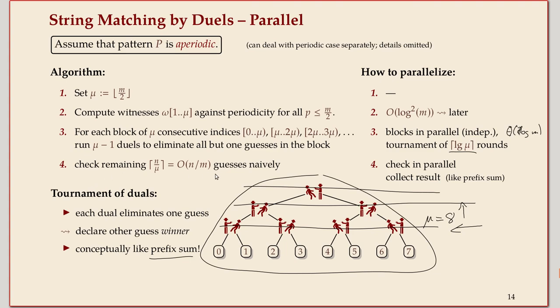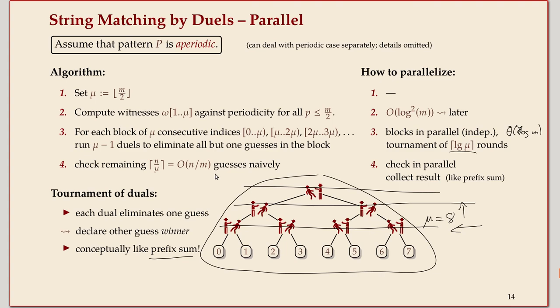So I already said we cannot afford to check a single guess sequentially. But we don't have to. Actually, checking a single guess is also embarrassingly parallel. You could check every character match between the pattern and the text independently, but you have to combine the results.